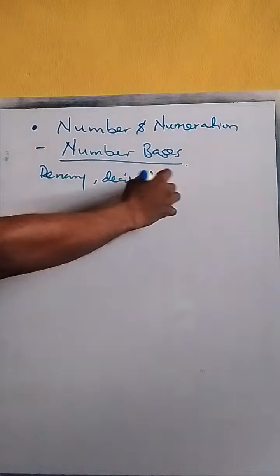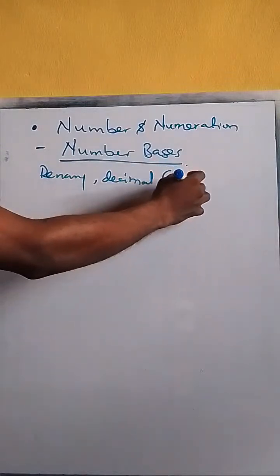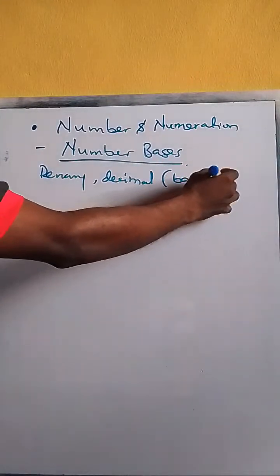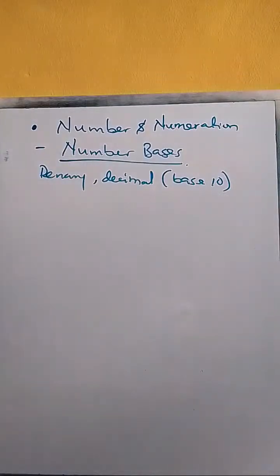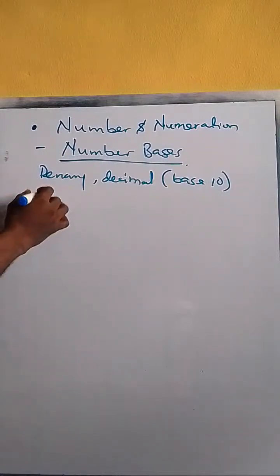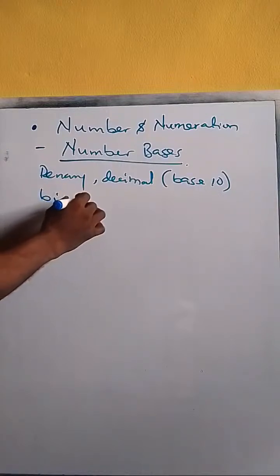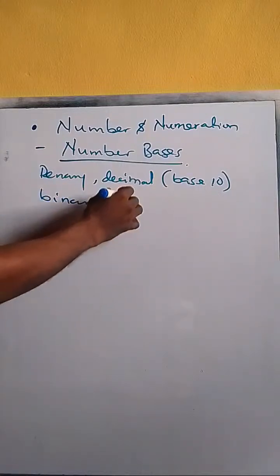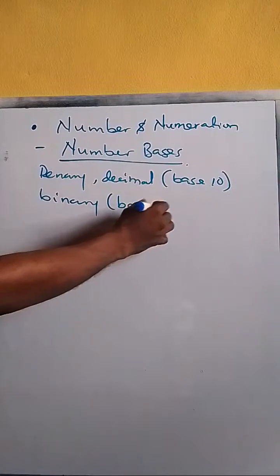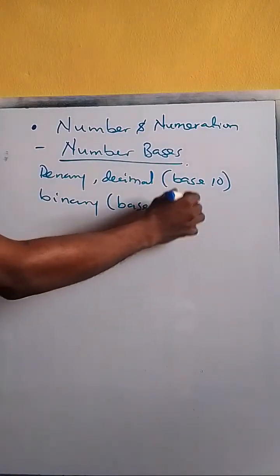Either one you call it, it refers to base 10. So our counting number is always in base 10. Then we have some other bases, like base 2, same thing as binary. So we refer to binary as base 2 numbers.